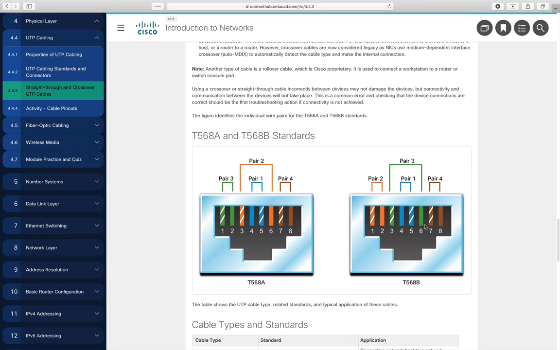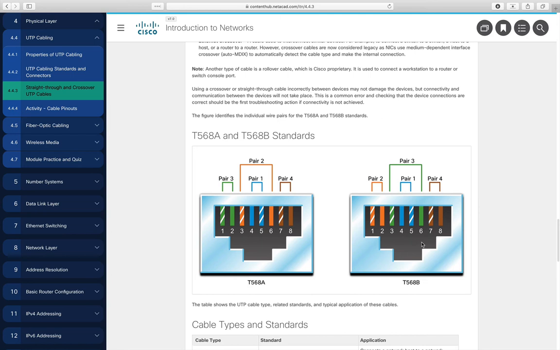To have a B connector, it's slightly different. So, 1, 2 goes to 3, 6, coming back 1, 2 goes to 3, 6. That's transmit and receive. So to make a straight through cable, you wire a cable that either has an A connection on both ends or a B connection on both ends.